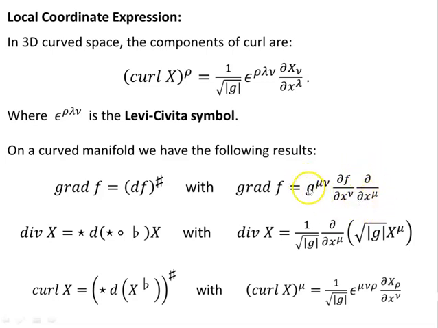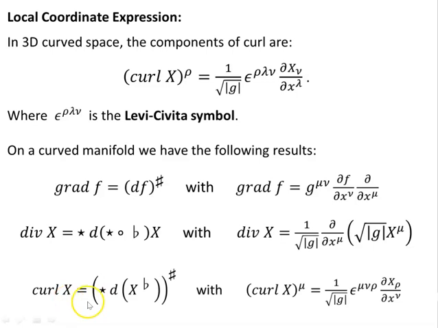If you just want the components, it's these first two elements here, g mu nu, the inverse metric, times the partial derivative of f with respect to each of the coordinates. All right, but the whole vector is this. Div x is a scalar, that's this object here, and that can be written in local coordinates in this component form here. This is just a scalar.